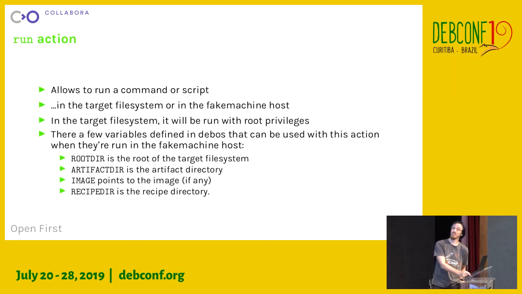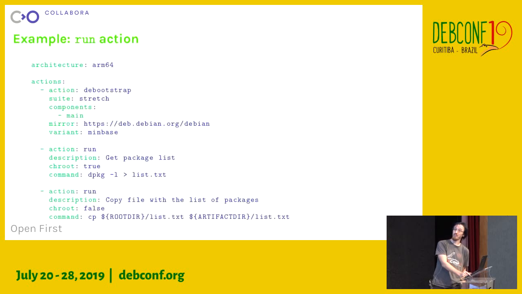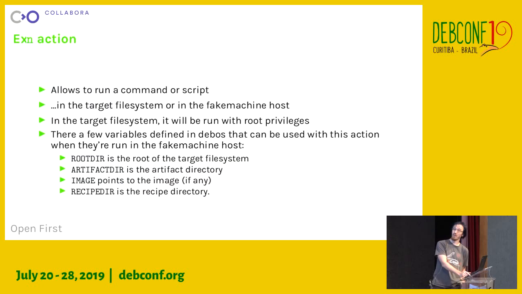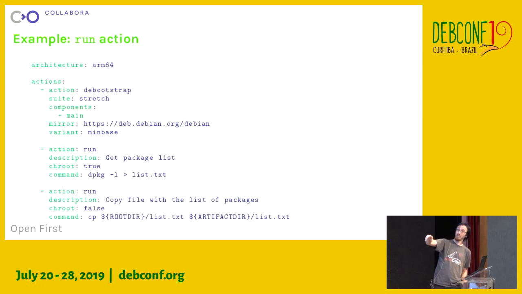It's as simple as that, basically. There are a number of variables you can use with that, and it looks like that. So you can copy files from the directory where the recipe is located inside of the image, and we can run the package, and you can run basically any commands you like inside of the root or outside of it.